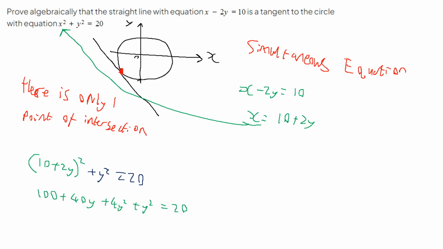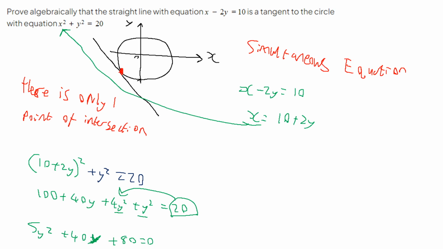We have a y squared and a 4y squared, so we're left with 5y squared plus 40y plus 100. And then let's put this 20 on the other side so it makes it all equal to 0: 5y squared plus 40y plus 80 is equal to 0.